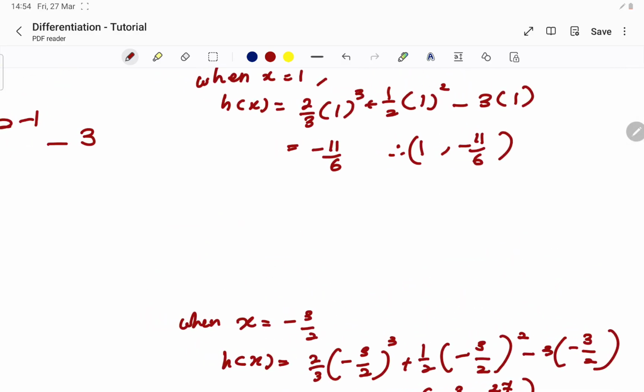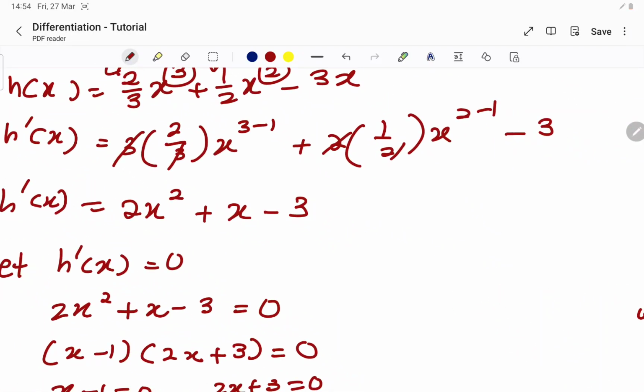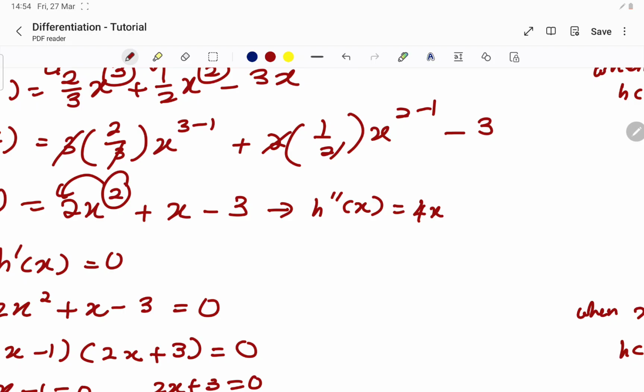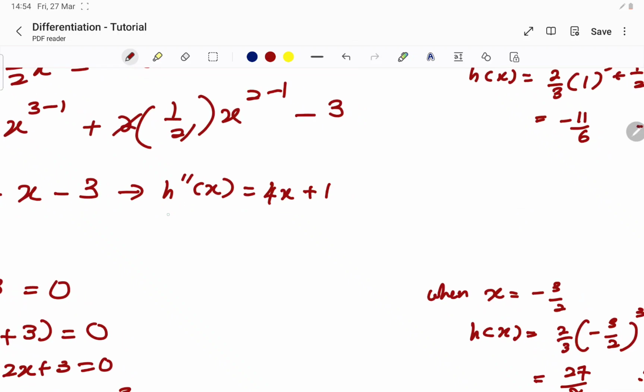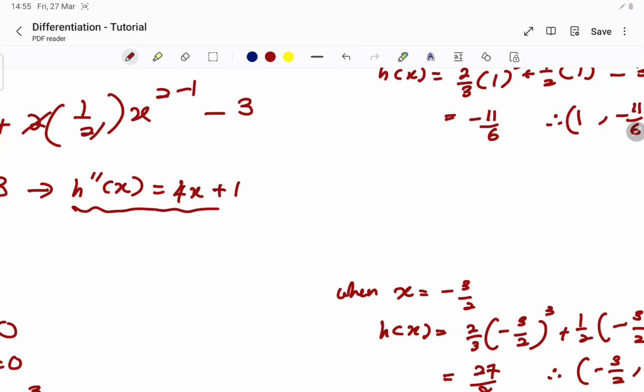So what you guys have to do is find the second derivative of h(x), which is differentiate the second time. You're gonna get 2, you bring in front, so you will get 4x, then plus 1, as x differentiated becomes 1, and negative 3 differentiated becomes 0. Okay, so this is your h double prime x.